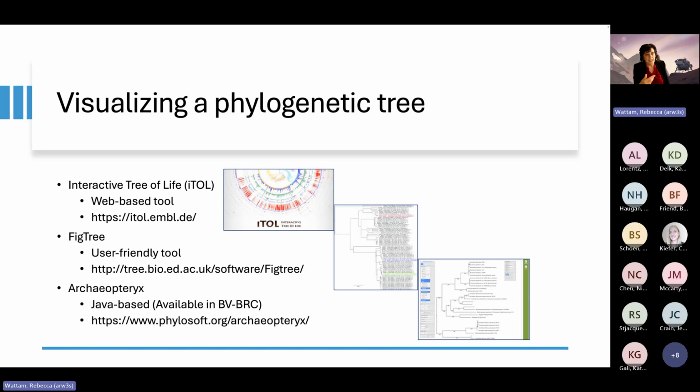What I use right now are FigTree, which is totally free, and Archaeopteryx, which is Java-based. I mean, if I had to download it myself and use it, I might not like it as much, but it's available in my resource for free, BV-BRC, so you can use that there. So if we do this thing in the spring, we'll go more deeply into depth, but this is yet something else that you need to generate a tree.